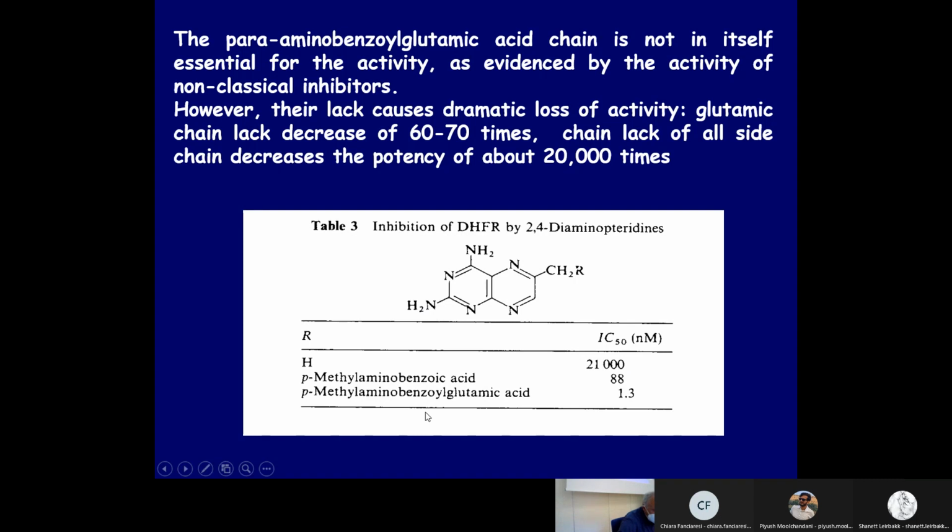If we add the residue of methylaminobenzoic acid here, so we have the two building blocks, the IC50 is 88 nanomolar. If we add the last part, the residue of the glutamic acid, we have the IC50 1.3 nanomolar. So it is very, very potent. So you can understand the importance of the three units, of the three building blocks that form methotrexate.